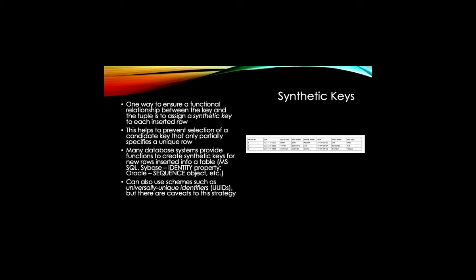The concept of synthetic keys allows us to create some type of universally unique identifier or monotonically increasing integer value that we attach to each row of data in the database.